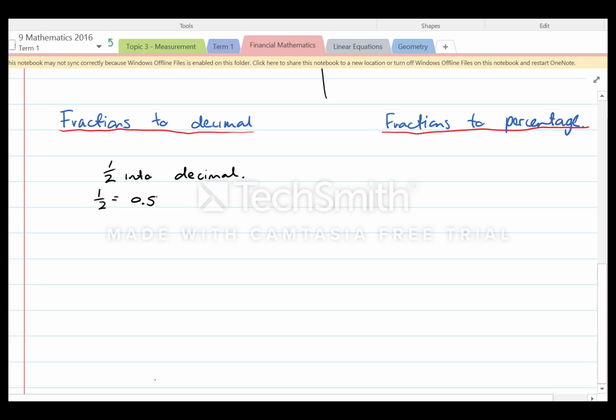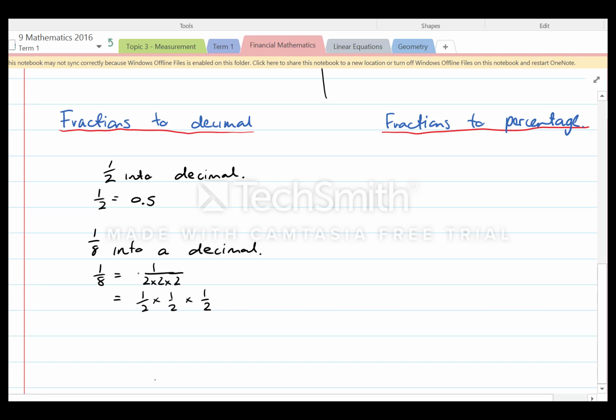If we make it a little bit more complex, let's say now we go to 1/8 into a decimal. Without just using a calculator, we can break this down a little bit. So we can think about that 1/8 as 1 on 2 times 2 times 2. So really what we're looking at is 1/2 times 1/2 times 1/2, or a half of a half of a half.